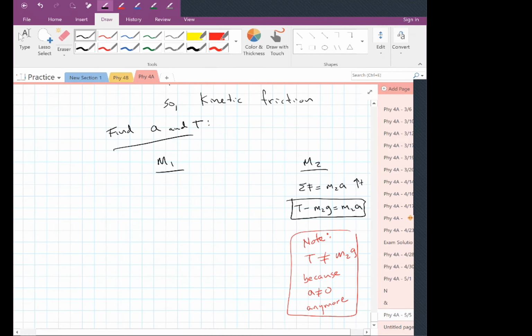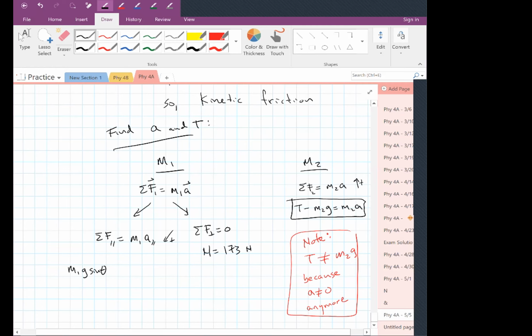Now, if we look at M1, we have sum of the forces on 1 is M1 a, and we can split that up into perpendicular, and that tells us the normal force is 173 newtons. We did that already. And we have sum of the forces in the parallel direction is M1 a. Down the incline is my positive direction. So just two more lines here and then I'll end it.